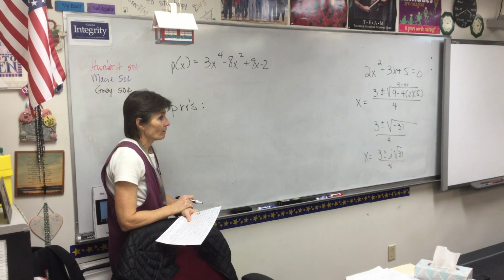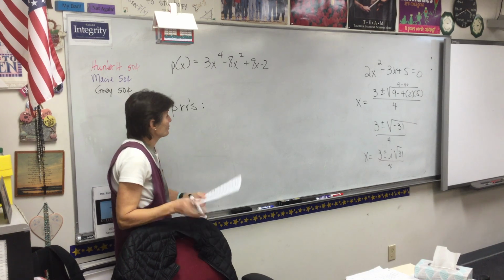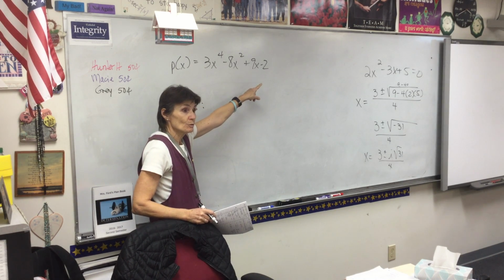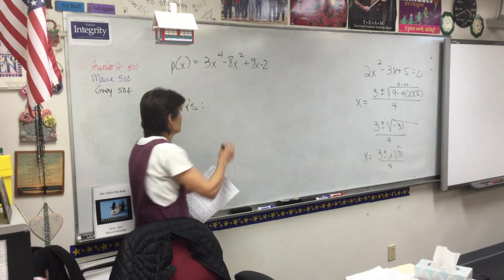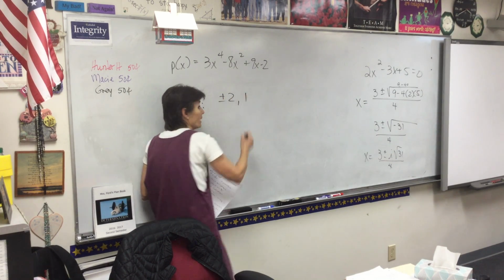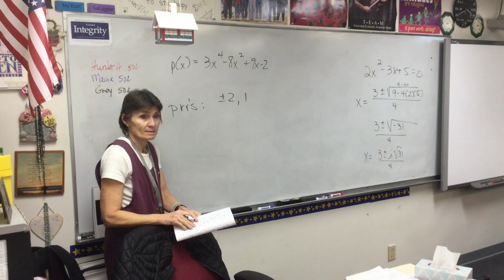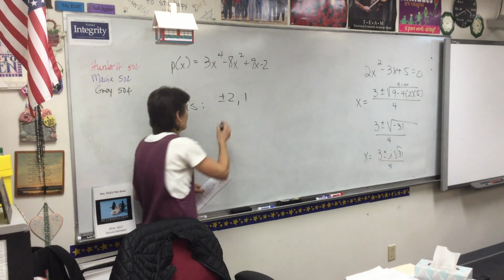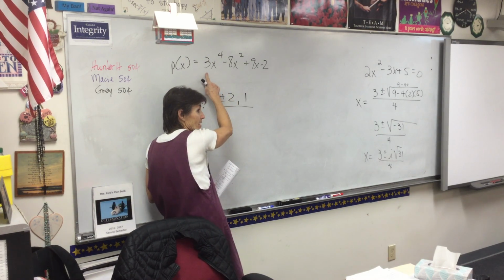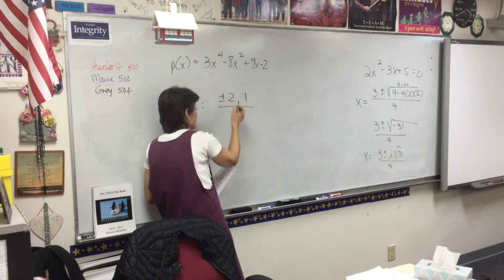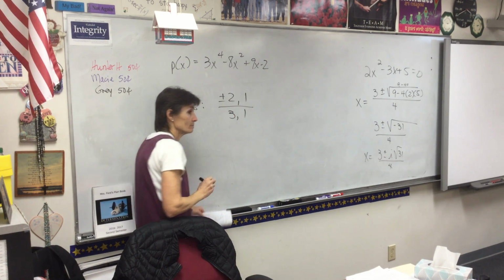So what are the PRRs? All the factors of 2, which would be just 2 and 1, don't forget the plus or minus, over the factors of 3, which are 3 and 1.